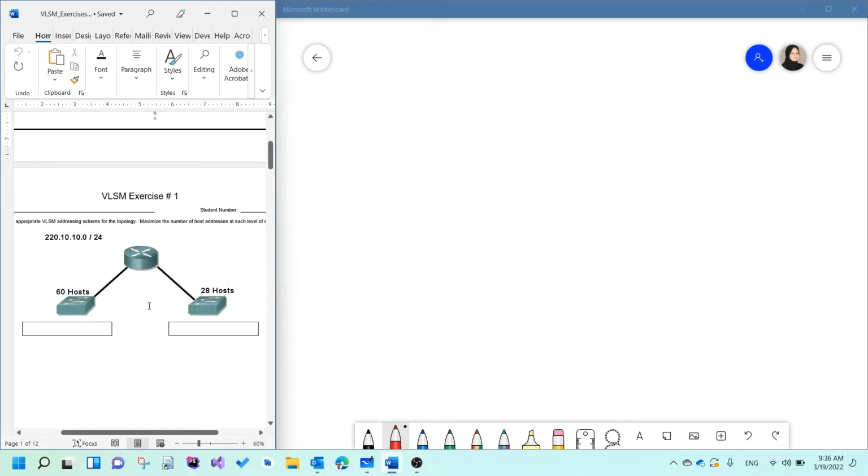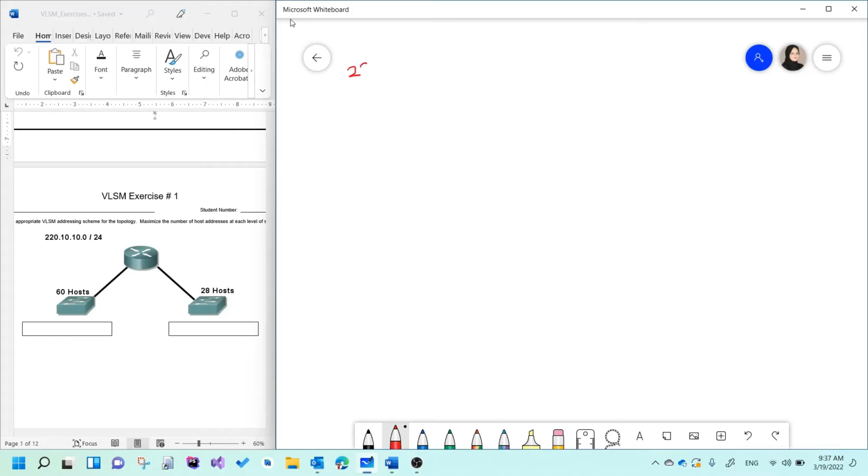So let's take a look at the first question. You're given a network along with a network address, and you need to come up with the VLSM addressing scheme. Just like how we followed the steps for the cheat sheet method, in this method as well, the first thing you would write is the network address that is given to you.